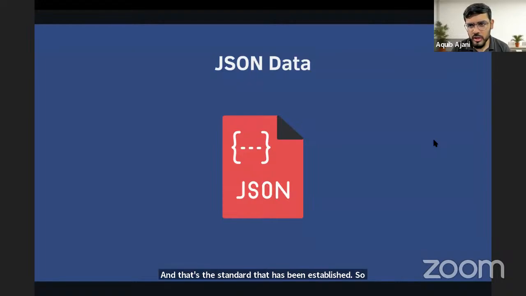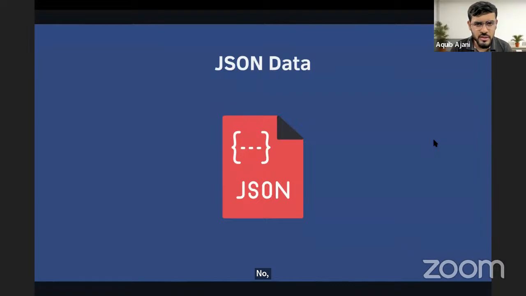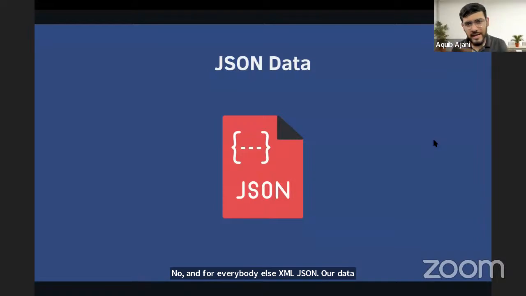Is XML also communication from front end to backend? No. So Pujita, and for everybody else, XML and JSON are data formats. They are not API. XML is not API. JSON is not API. They are tools or data formats used for implementing API.